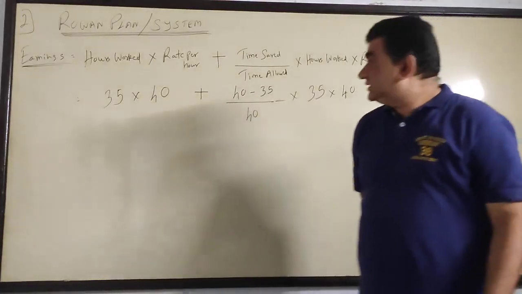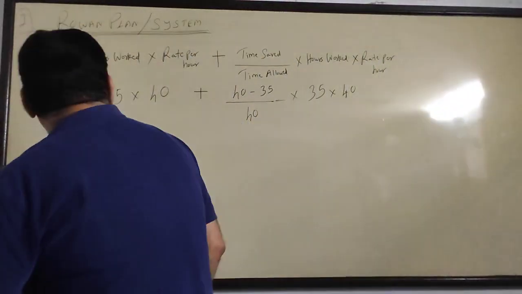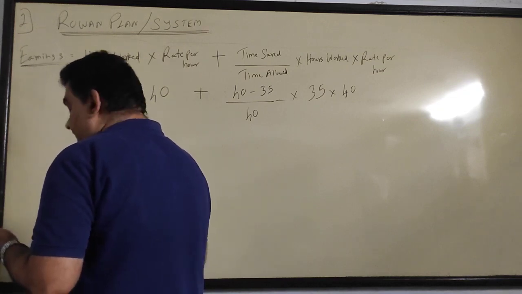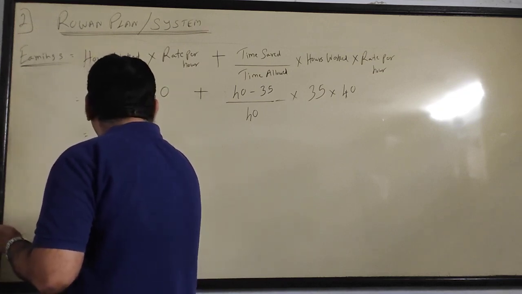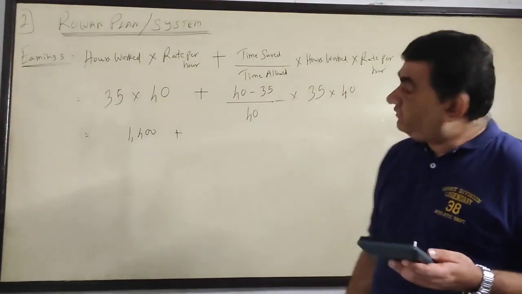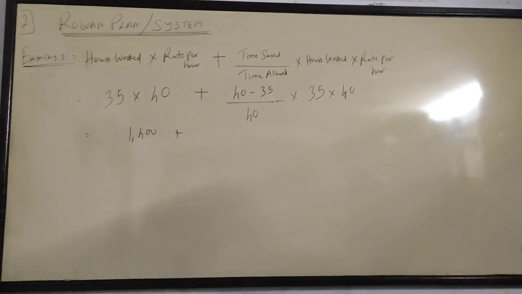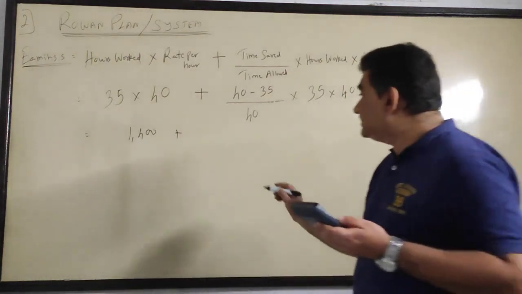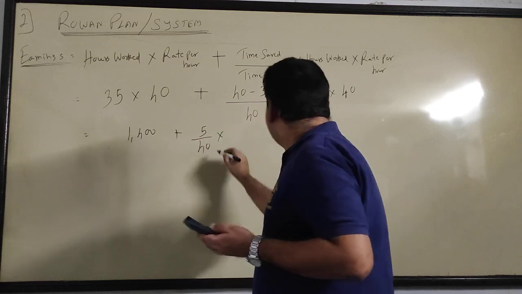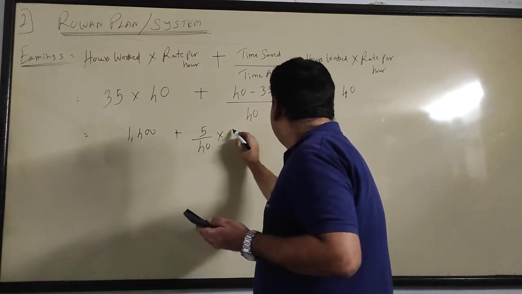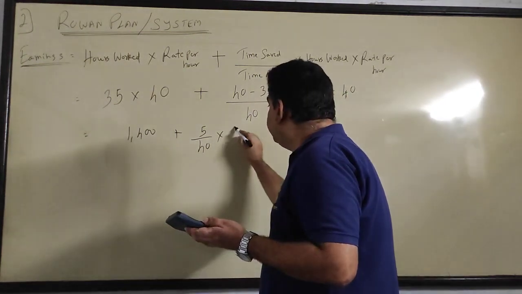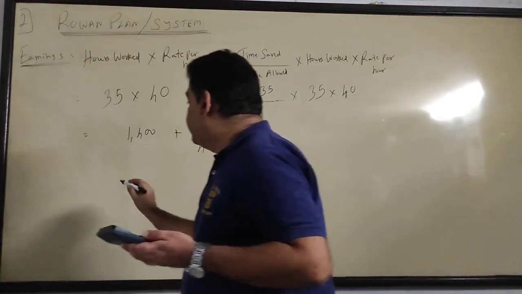Okay, sure. Let's substitute now. So 35 into 40, that is 1400. 35 into 40, 1400. 40 minus 35, that is 5 upon 40 into 35 into 40, which gives you 1400.